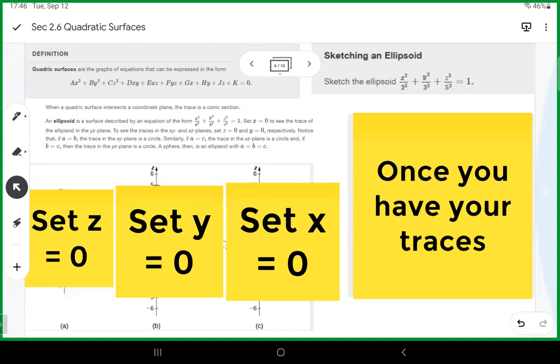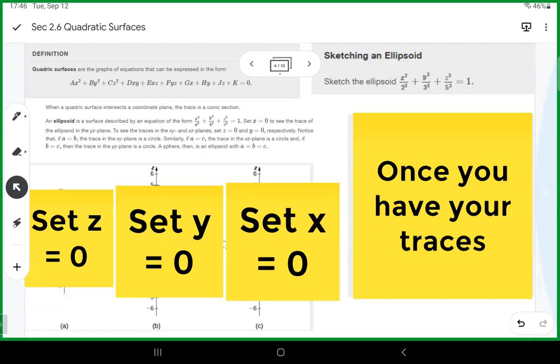example, but before we do that, let's look at this other statement. When a quadratic surface intersects a coordinate plane, the trace is a conic section. An ellipsoid is a surface described by an equation in the form x squared over a squared plus y squared over b squared plus z squared over c squared equal to 1. Set x equal to 0 to see the trace of the ellipsoid in the yz plane.